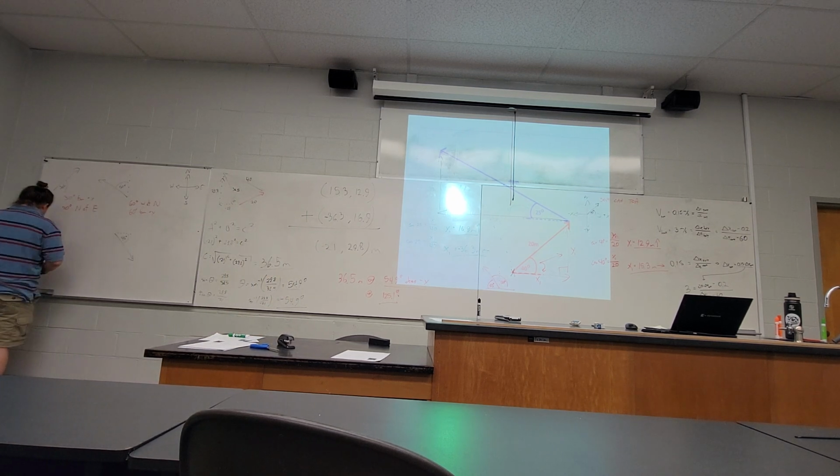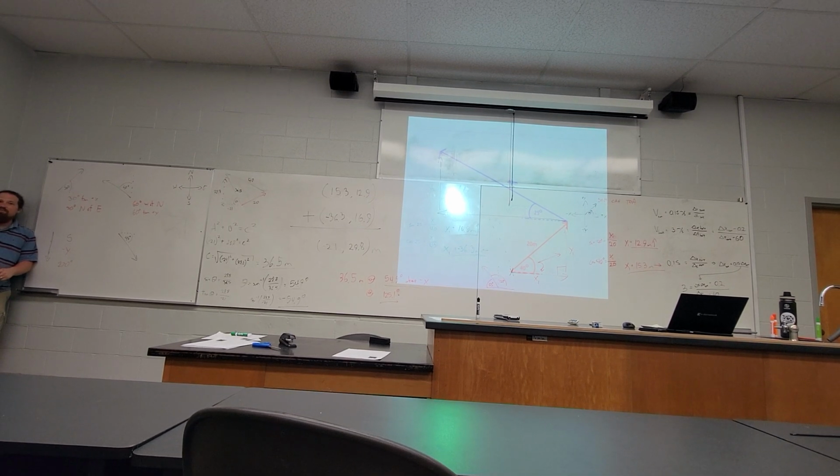All right, how about this one? Due south. Yeah, just south. South is fine. You could also say negative y. If you're feeling fancy, you could call it 270 degrees, but I'm never going to hold you to that.